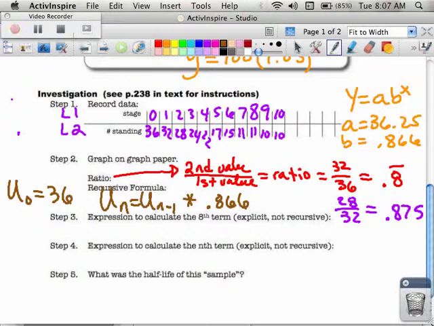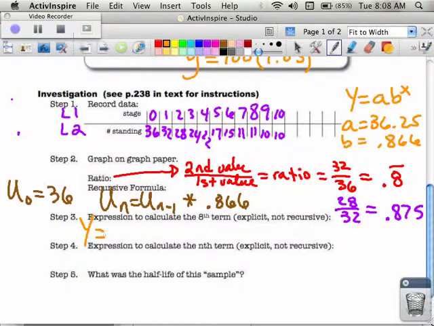The difference between this and what we usually use, like what the calculator spit out in orange, is that if we're writing something in an explicit formula, which means you're using a y equals, you would have written it this way.